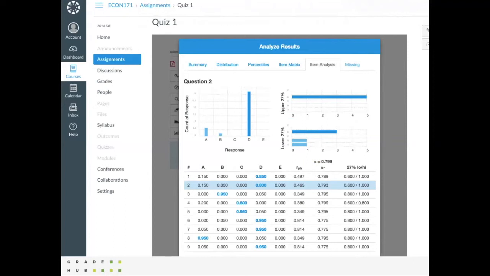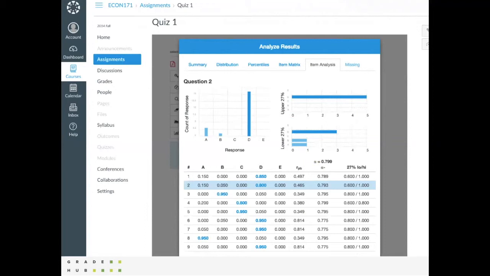The next column is very interesting. What that's showing you is alpha, or the reliability of the test overall. So you can see the reliability of this test, which is very high. It's 0.799. And what the alpha minus means is that if you were to calculate the reliability of this test without this particular item, what would the reliability be?